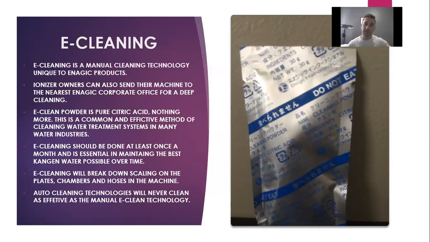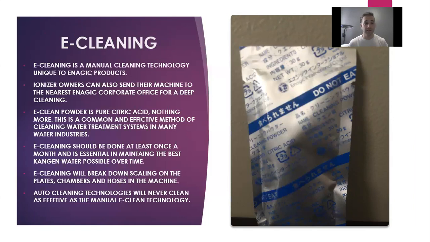Now, we already discussed how using the beauty water will help pull those off, but by doing the e-clean procedure and putting the citric acid solution in the device, it's going to mix and break down those minerals. It does a very, very effective job at not only cleaning the plates, but the hoses and the chambers in the device. It also will disinfect the device.